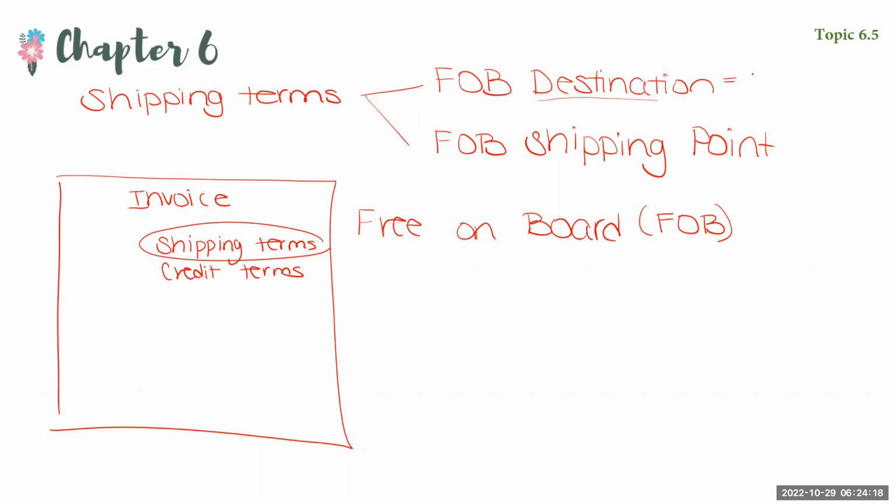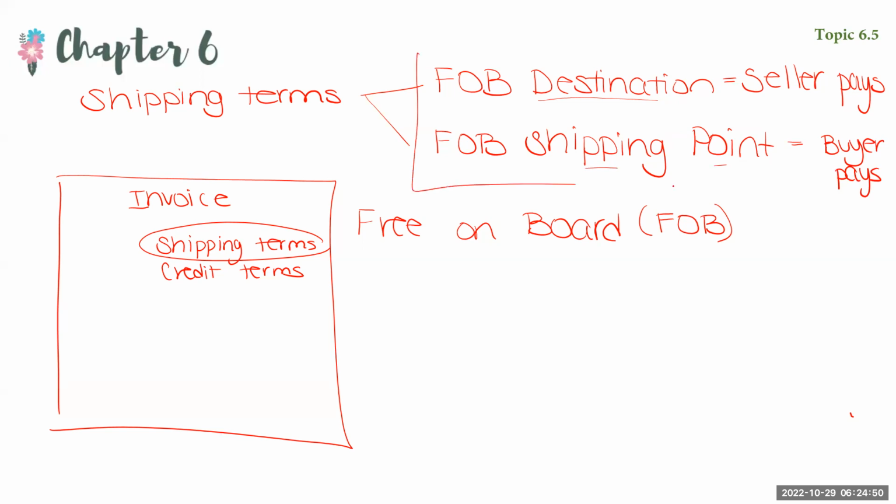The consumer picks the destination and the seller pays for those shipping costs. You can probably guess if it's FOB shipping point, if those are your shipping terms, the buyer pays. Seller gets to pick how far it rides. Maybe it's just his back door, and then the buyer has to pay for all the transportation costs to get it to their preferred location.